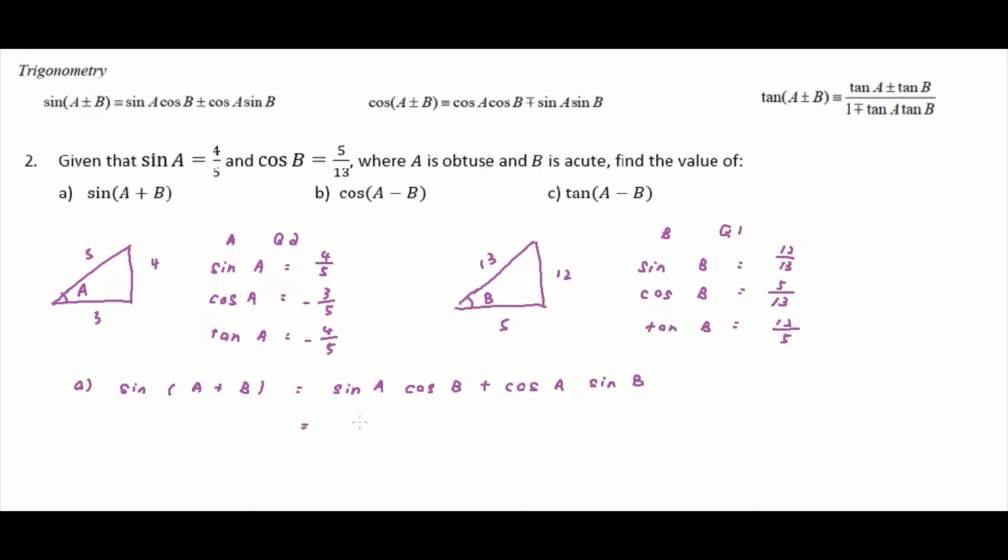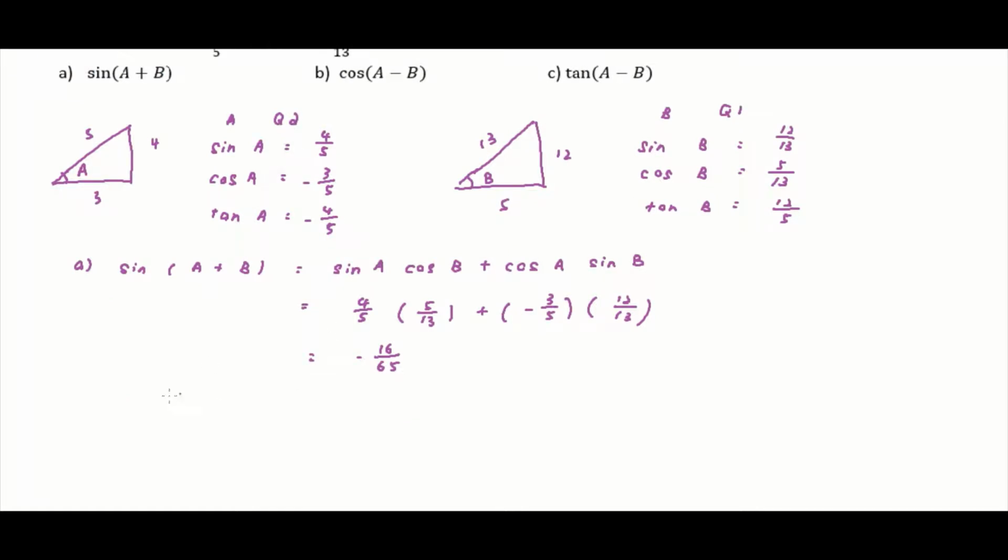So sine A is 4 over 5, cos B is 5 over 13, cos A is negative 3 over 5, sine B is 12 over 13. Okay, so after substituting, just use your calculator. You should be able to get 16 over 65. Okay, move on to B. So B is cos A minus B.